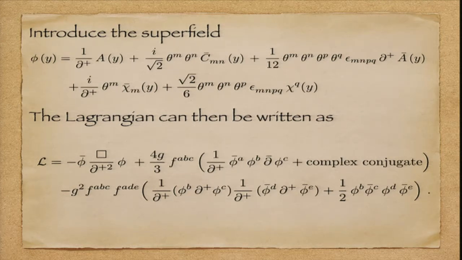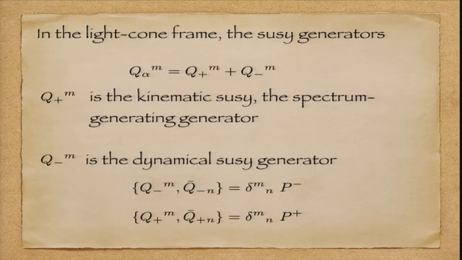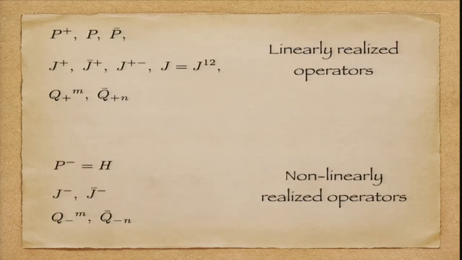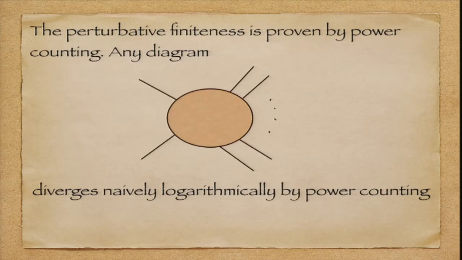And by doing that, we could start looking at Feynman diagrams. I think I skipped that, and it's not so important. So one can look at the perturbative finiteness: you look at a diagram like that, and you check what is the naive divergence by power counting. And you can find that every diagram like this seems to diverge logarithmically.